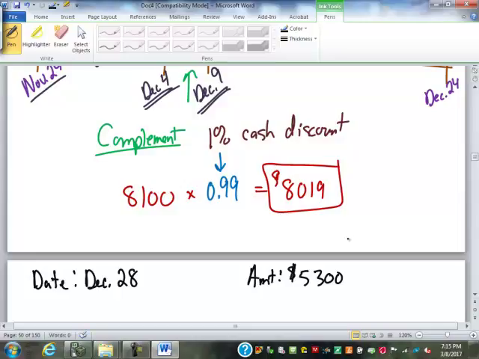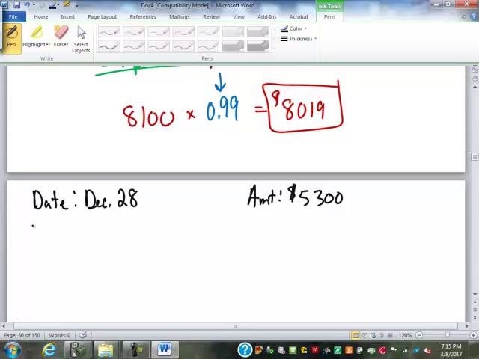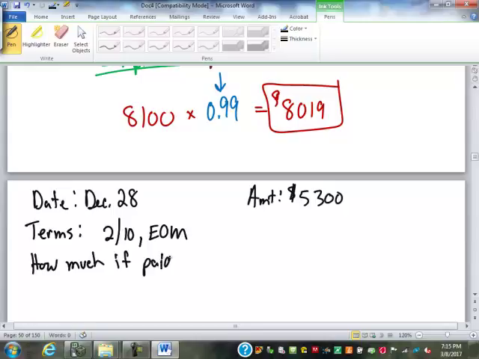So we've got an invoice date of December 28th, an amount of $5,300, terms 2/10 EOM. How much if paid on February 3rd?